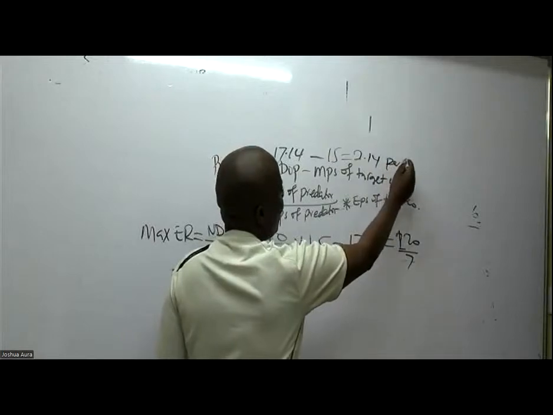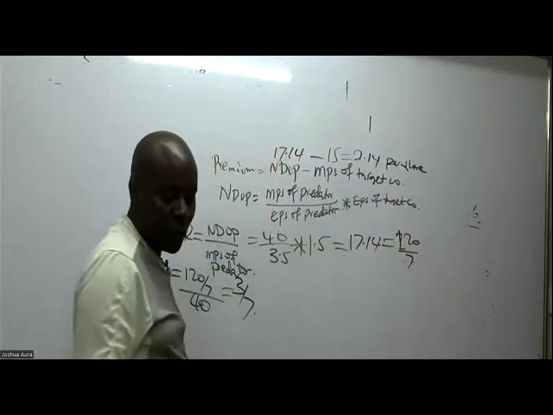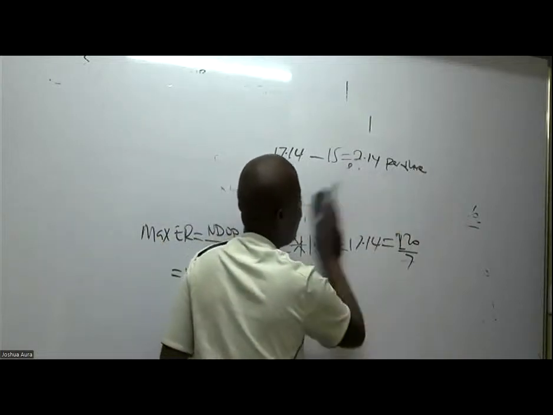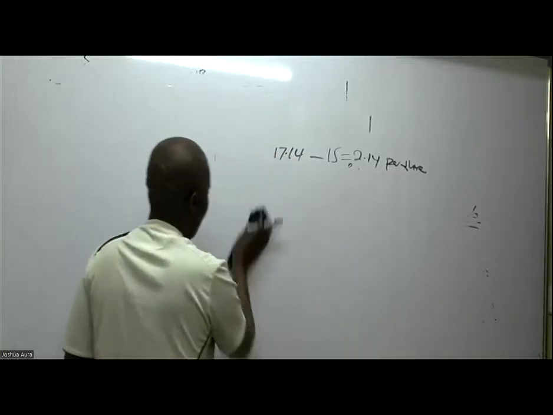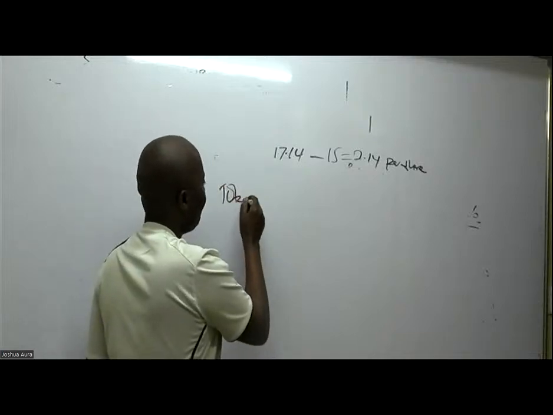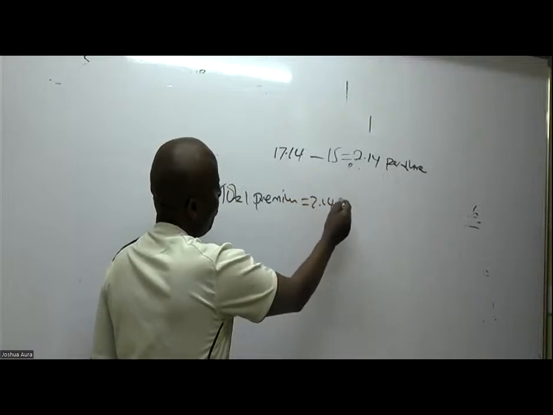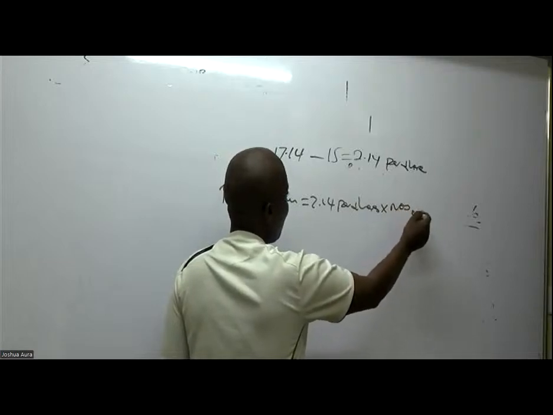But remember, this is per share. How about the total? To get the total premium, take the 2.14 per share times the number of ordinary shares of company 2.